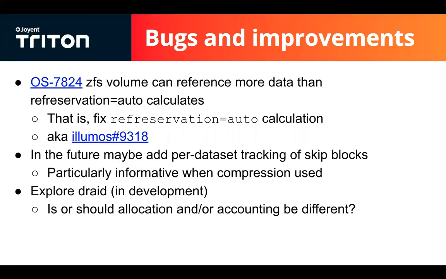Right now, skip blocks are only accounted for in a roundabout way at a SPA level, but I believe it would also be possible to keep track of that at the dataset level. It would be particularly informative in cases where we're using compression, where it's not just a simple matter of looking at the block size and the volume size or the amount of space used by the file system and doing math on it.